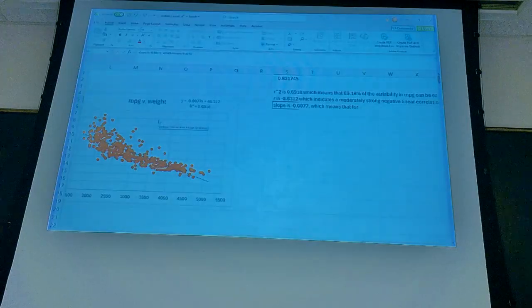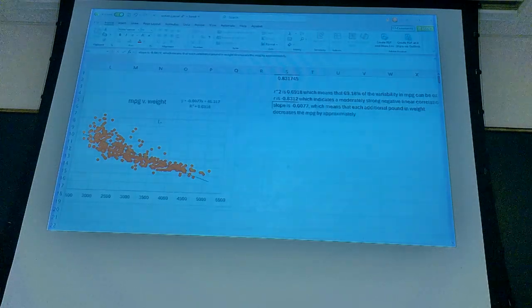Each additional pound weight. And so each additional pound we would approximate as a decrease of 0.0077 miles per gallon. That's what the slope is in this case.